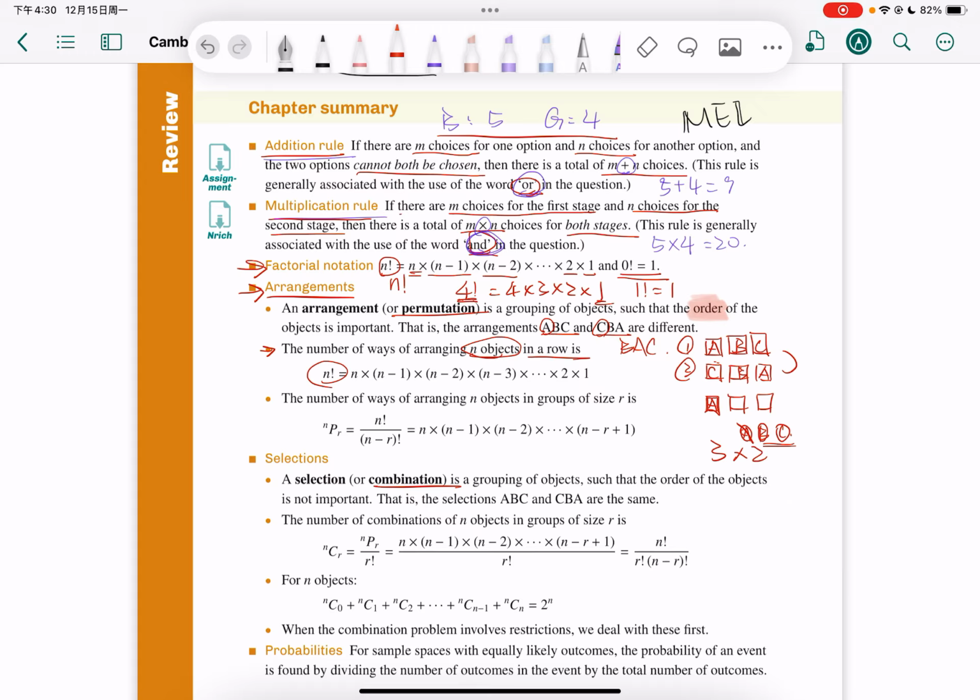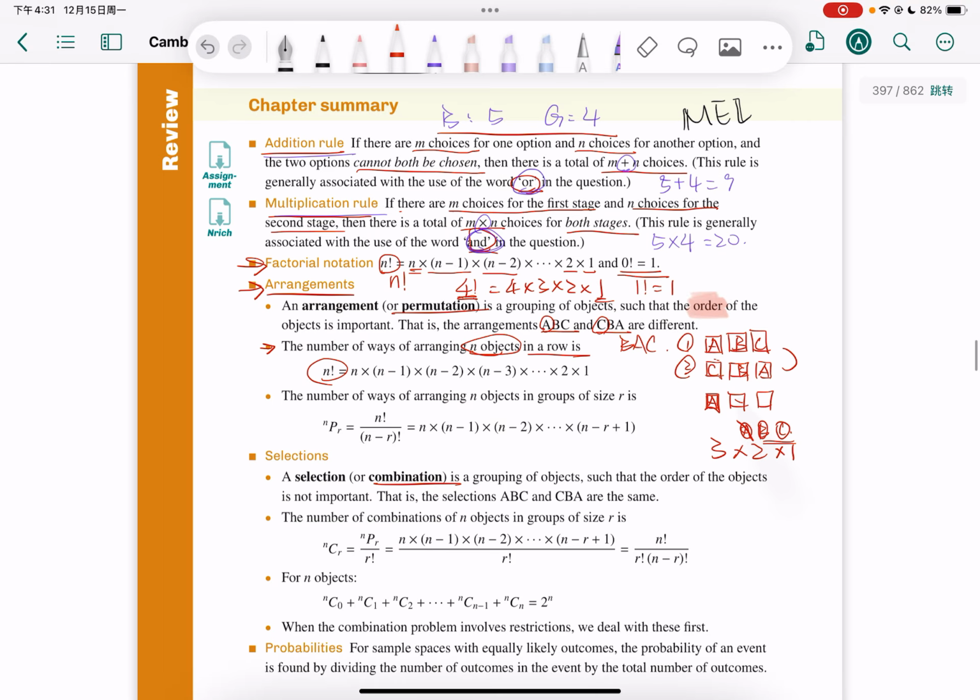And that's a 2 there. And then the last one is only a 1. So if we choose B here, then C must be here. This is an AND problem, so a multiplication problem. You can see the first, second, and third seats as 3 stages. So that's why we use times over here.